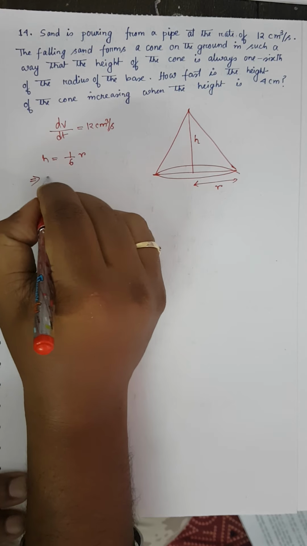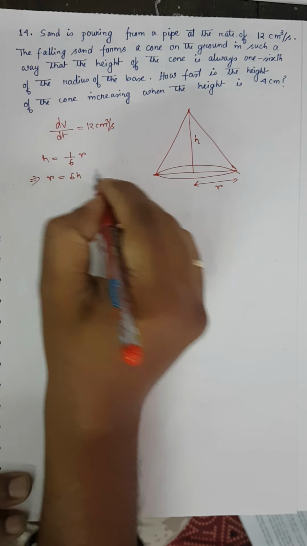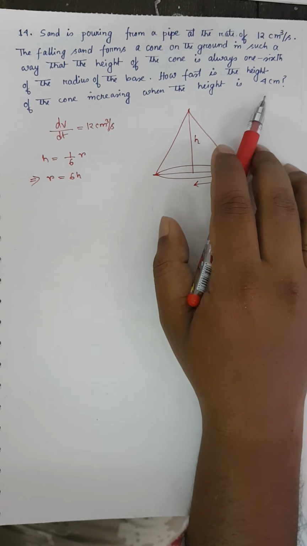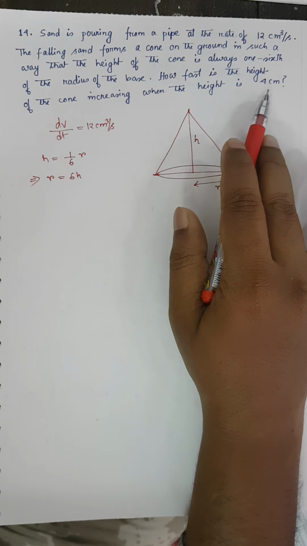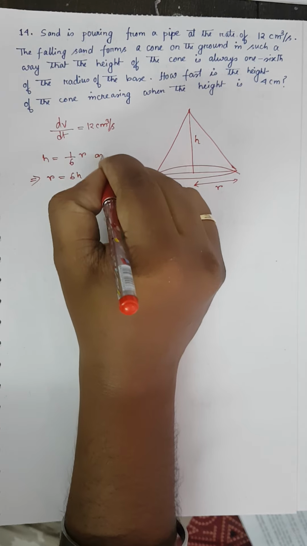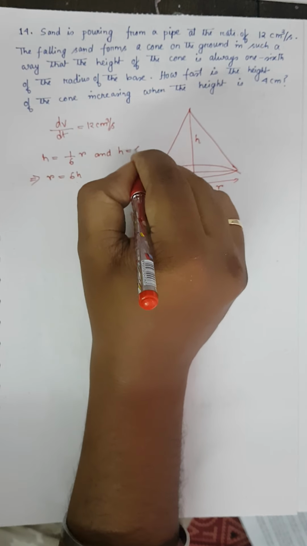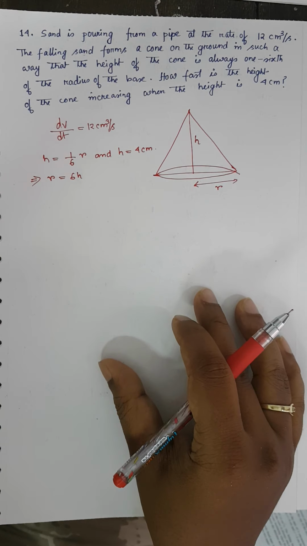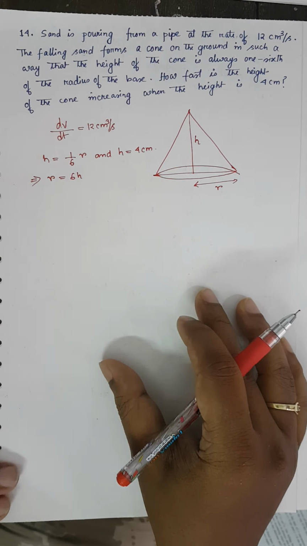So I am getting r is equal to 6 times h. We are also given that at any instant when the height is equal to 4 centimeter, that is h is equal to 4 centimeter, you need to find the rate of increase of its height.